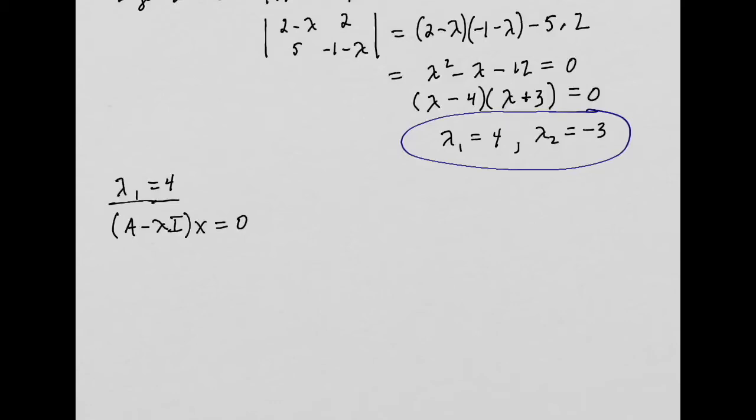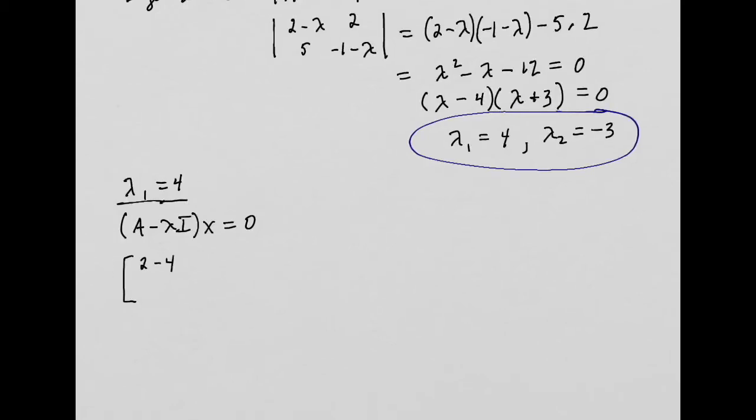So we form this matrix A minus lambda I simply by subtracting 4, in this case, from each of the diagonal elements of A. So we'll get 2 minus 4, 5, 2, and minus 1 minus 4. So minus 2, 5, 2, minus 5.